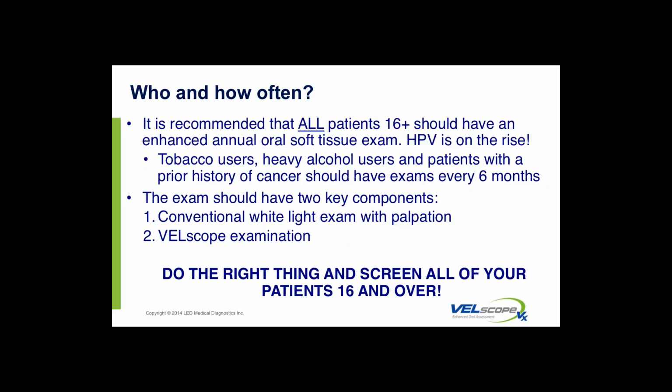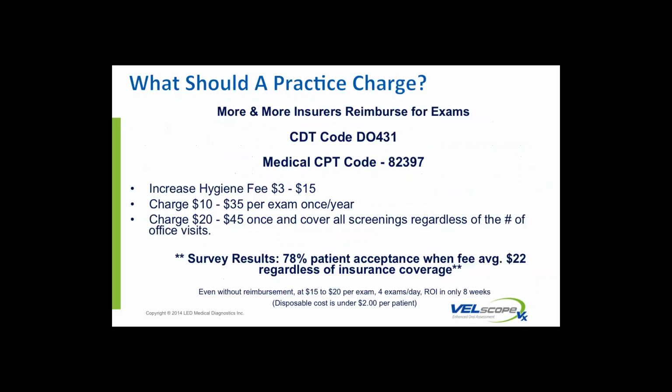Again, very important, you're still doing your white light exam and palpation, and then again follow that up with a VELscope exam. But the key is, again, the goal is to find precancerous changes, and that's why we really believe you have to do this at least once a year on every single patient.